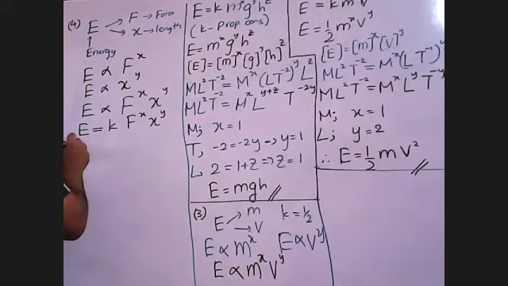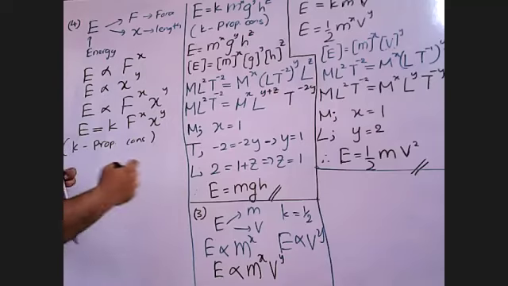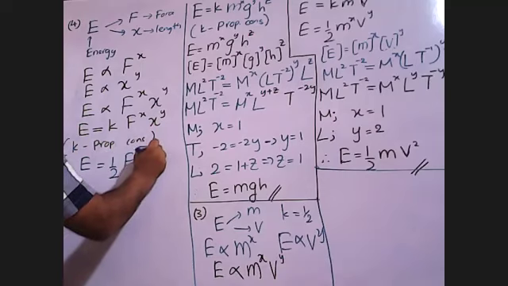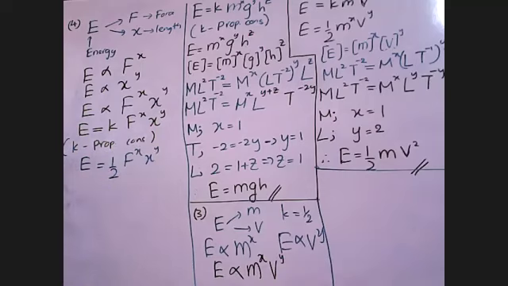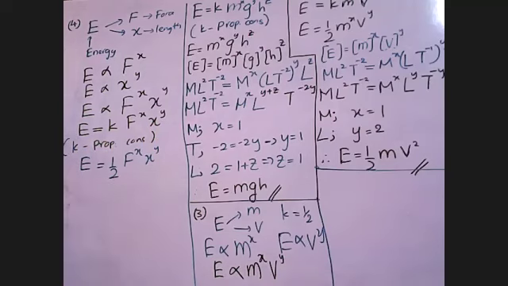K is a proportionality constant, and that is equal to half. Therefore, now E is equal to half into F to the power x, X to the power y. Okay, now this is the assumed equation.